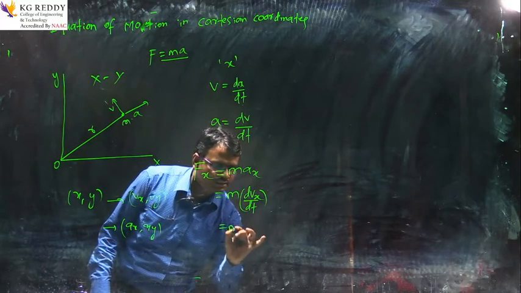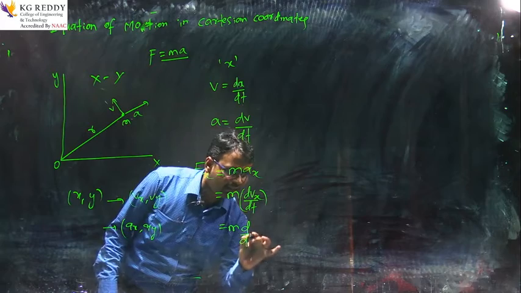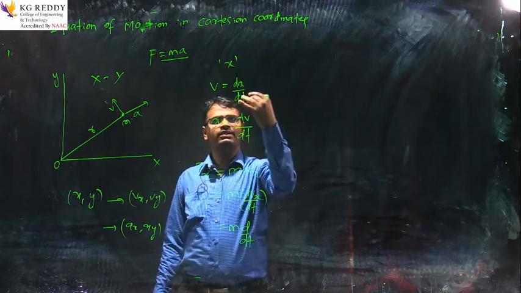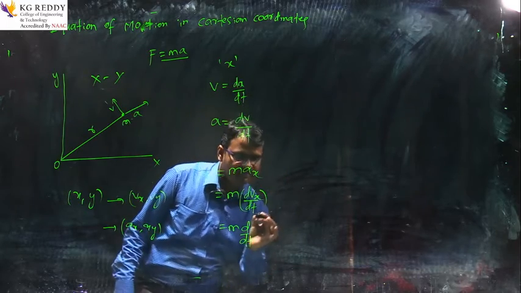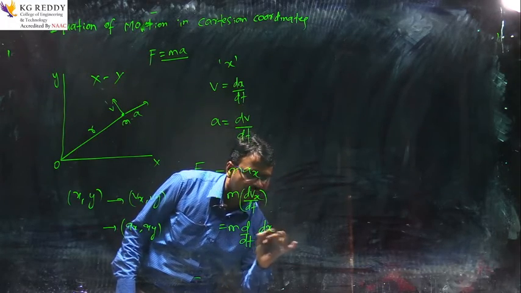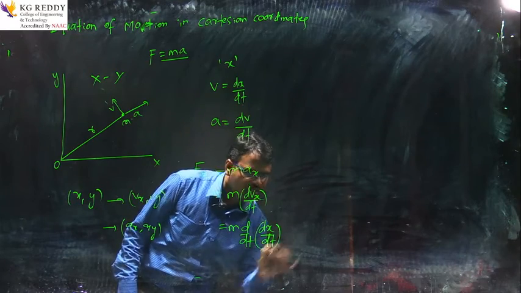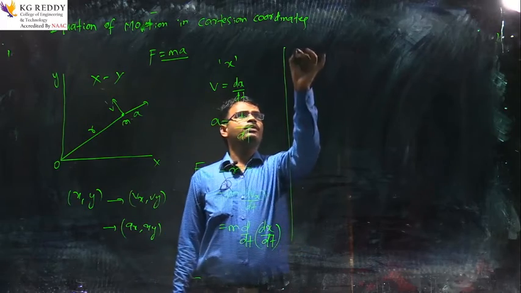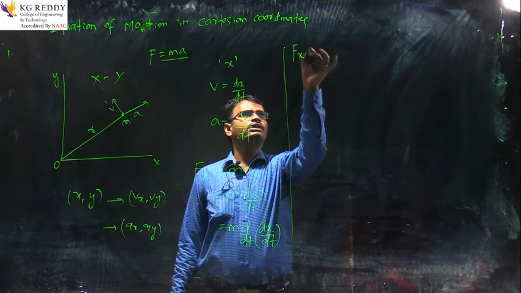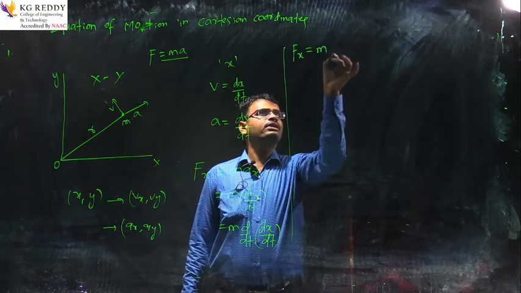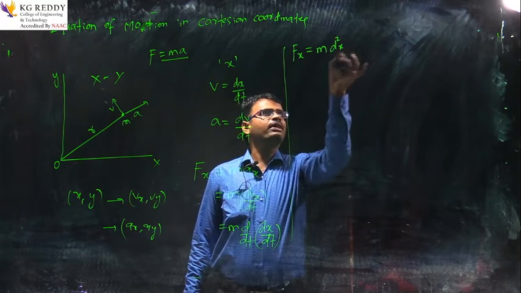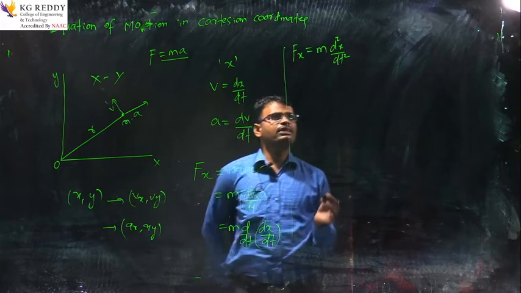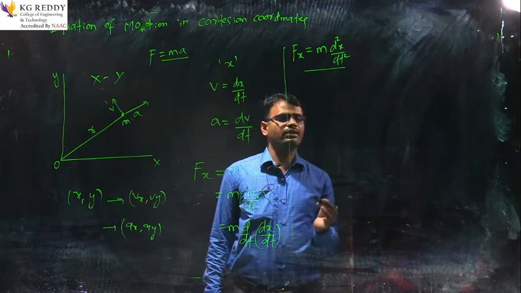Again, m d by dt, and v is the time rate of change of displacement, so v equals dx by dt. Just substitute dx by dt here. Therefore, Fx equal to m into d square x by dt square. This is the equation of motion along the x axis.